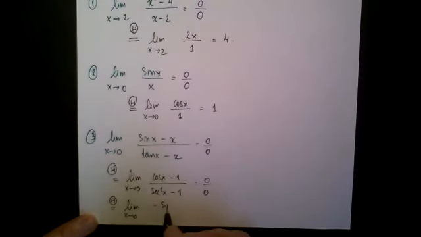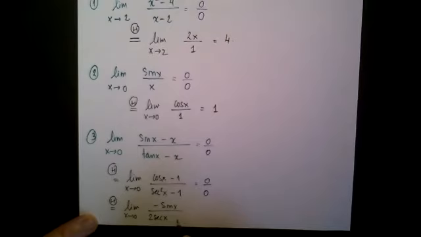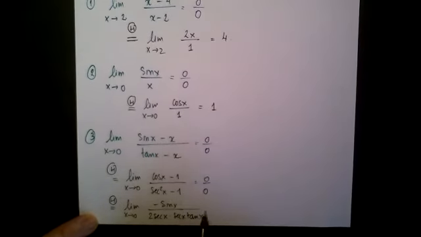And the derivative of the bottom is 2 secant x times the derivative of secant, which is secant x tangent x. Are you okay with this? So the derivative of secant squared is 2 times secant times the derivative of secant, which is secant x tangent x. Let me know if it's not clear.